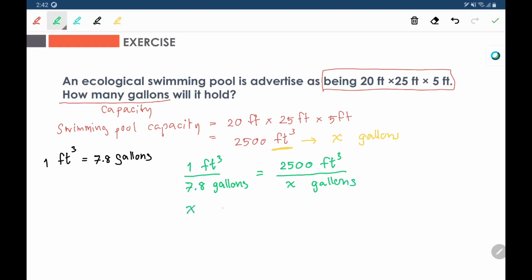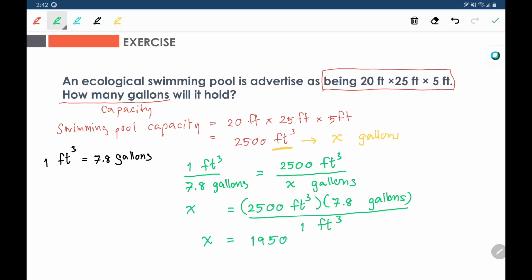Then you are going to find x, 2,500 cubic feet times 7.8 gallon divided by 1 cubic foot. Okay, then you will get x is 19,500 gallons.